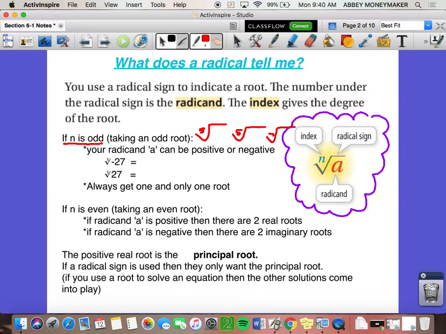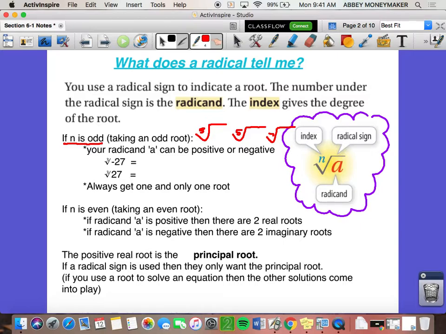If you have an odd index, you will always get one answer. Okay? And the beauty of the odd index is that you can have your radicand be positive or negative and you will still get a solution.